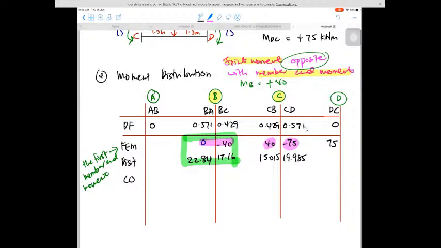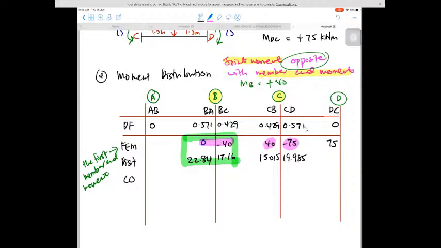We opposite the sign because the joint moment is always opposite with the member-end moment. So the joint moment for C is positive 35. This positive 35 we have to distribute to CB and CD.